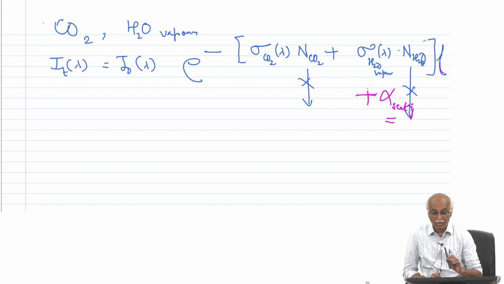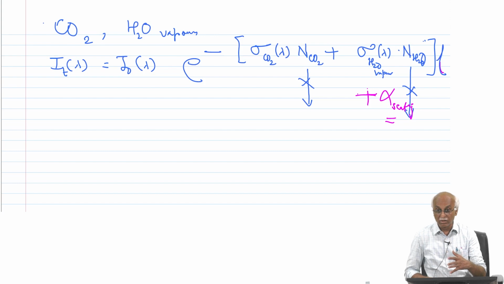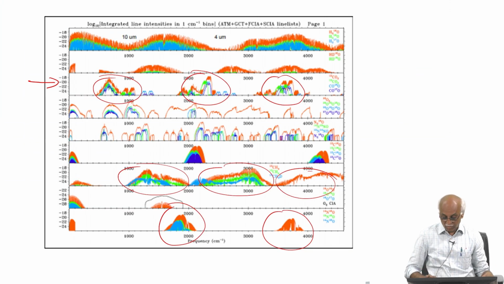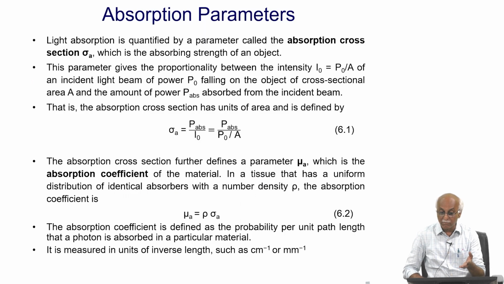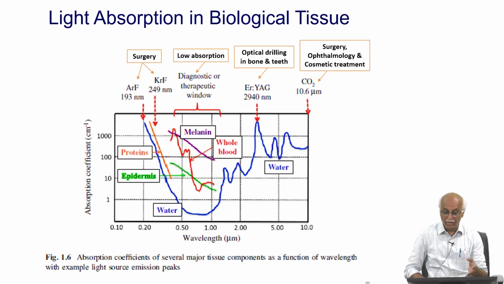Now, before we go to something related to trace gas sensing etc., one simplest example of this absorption in our photonics area is nothing but a blood sample.